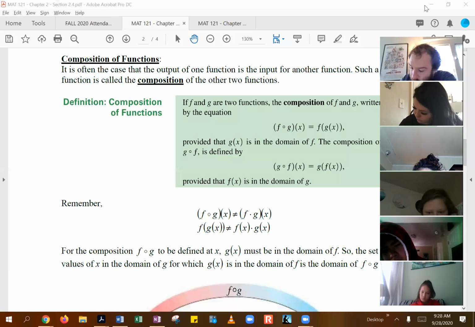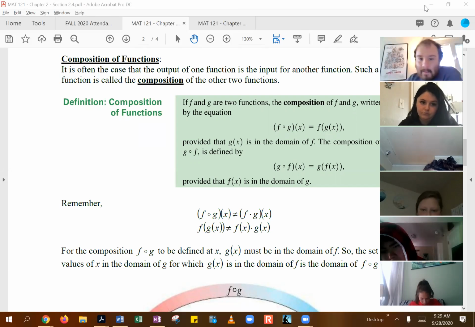If you've seen the video for this, then you will be familiar with the idea of composition. In a way, you are creating a whole new function, like the operations with functions did. But in this case, we take one function and put it inside of the second function. So it's always the outer function and the inner function, and the inner function is what's being put on the inside.